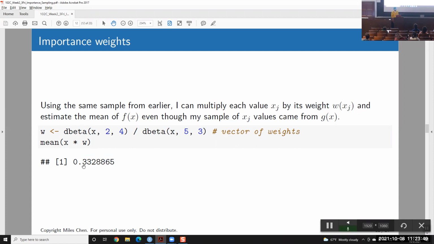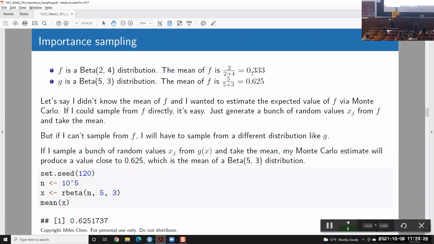Okay? So the significance of this is to show that when you take your x values, which were drawn from the wrong beta distribution, and weight them according to the ratio between these two PDFs, you can calculate the mean, and it is as if you drew 100,000 values from this beta distribution, which should have a mean of 0.33.